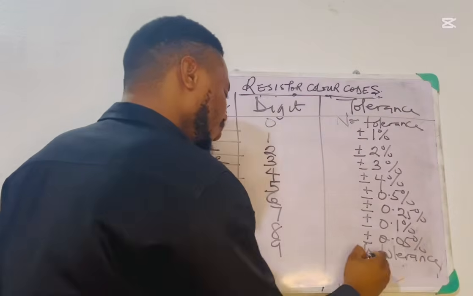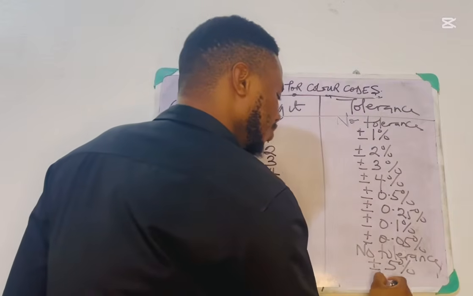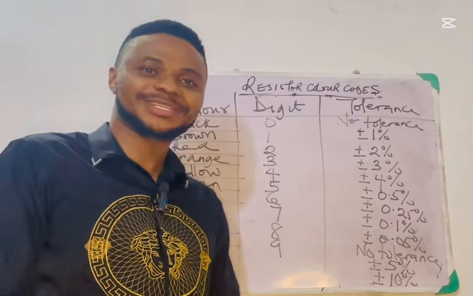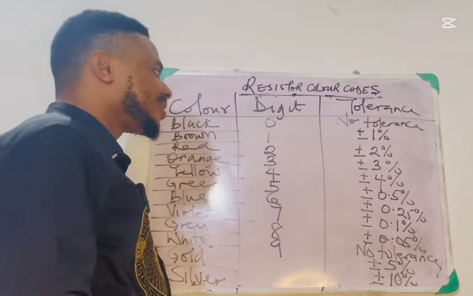Then gold is plus or minus 5%, while silver is plus or minus 10%. So these are the tolerance values, and these are of course the digits.